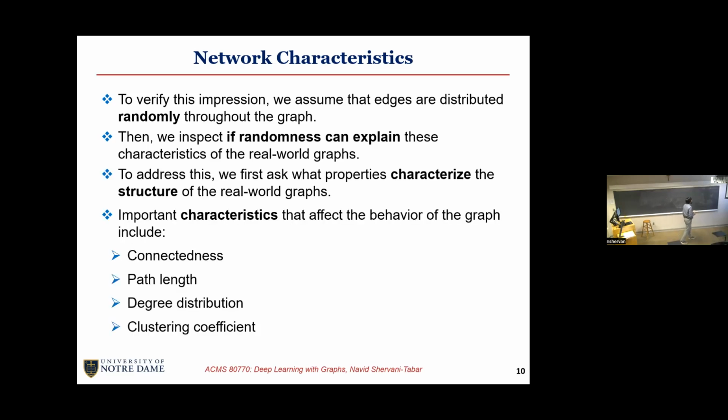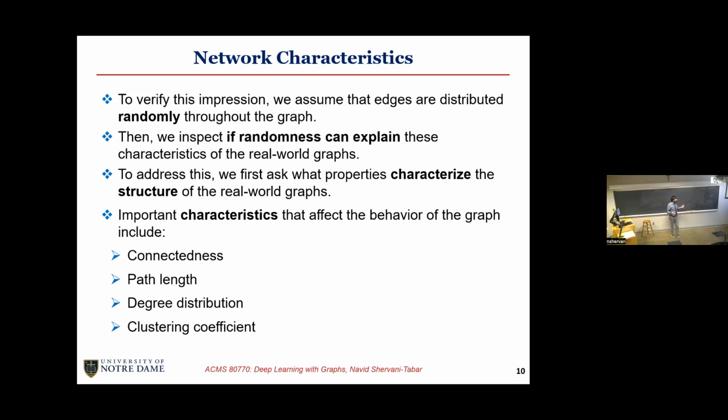So to start, we need to look at what properties can characterize the structure of a real world graph. The items we're going to look at are, first, the connectedness of a real world graph, to see how connected it is. Then we're going to look at the average path length in a real world graph.